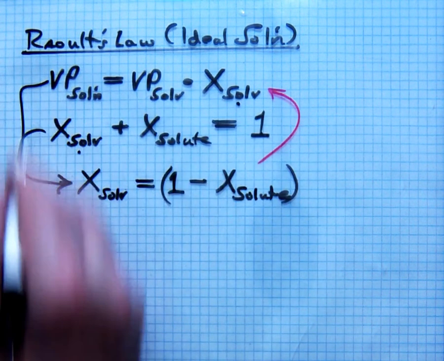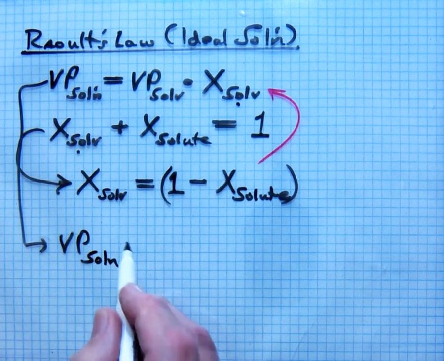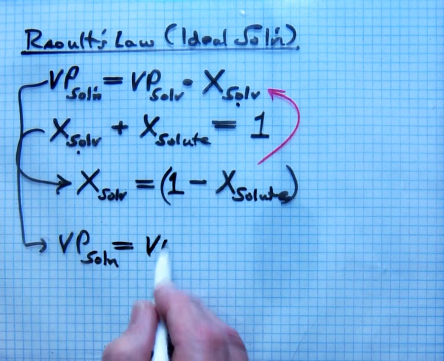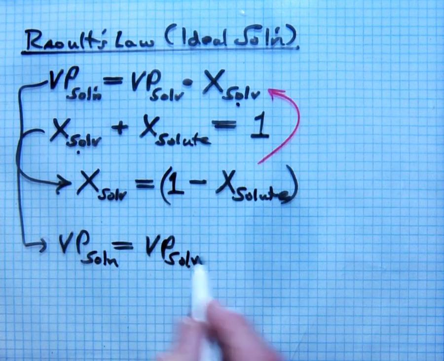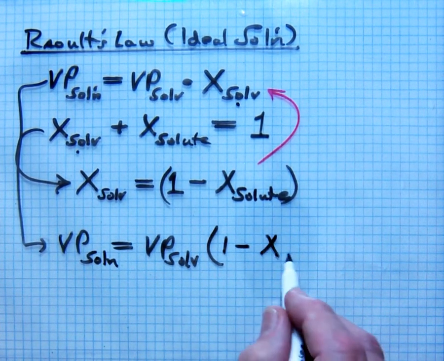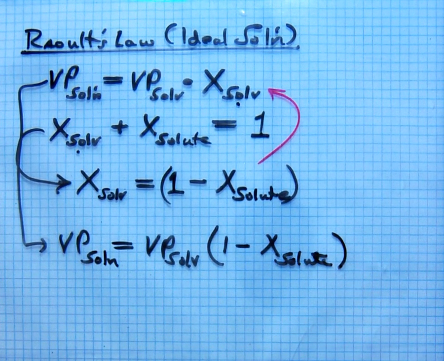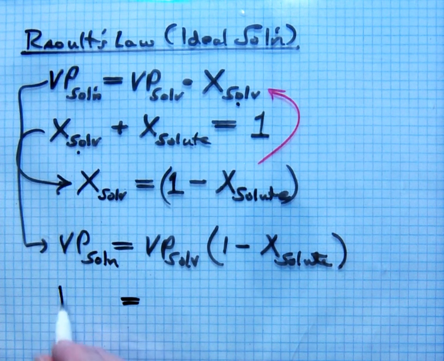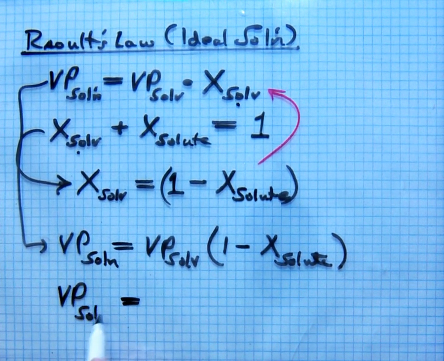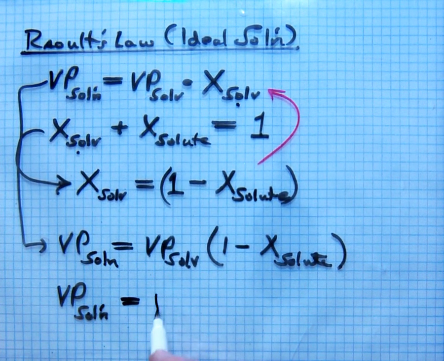So this would then become vapor pressure of the solution equals vapor pressure of the solvent times 1 minus the mole fraction of the solute. Like that. Now distribute the vapor pressure of the solvent through the parentheses, and we have the final form of the vapor pressure of solution formula.